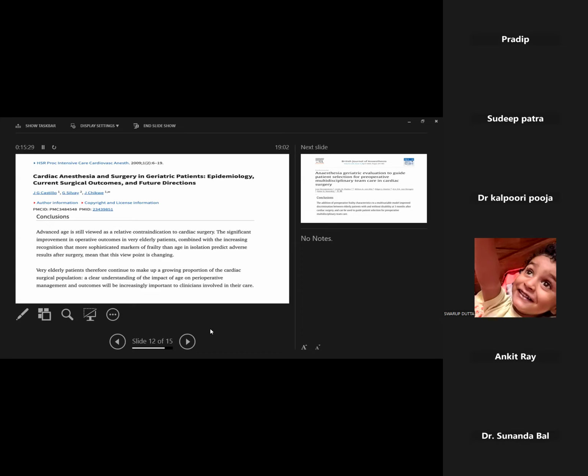But now this is the era where probably we should grow up, and if he understands, we should clearly tell him, see, these are the risks of the surgery and the anesthesia. This is not a fairy tale picture, sir. And if you get operated, you will get this. If you don't get operated, the disease will progress, and at a time when you might consent for operation, it might be too late.